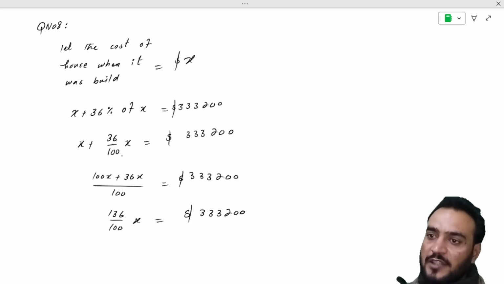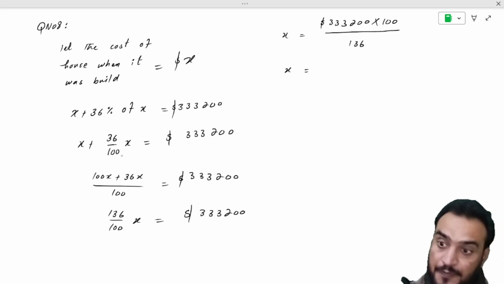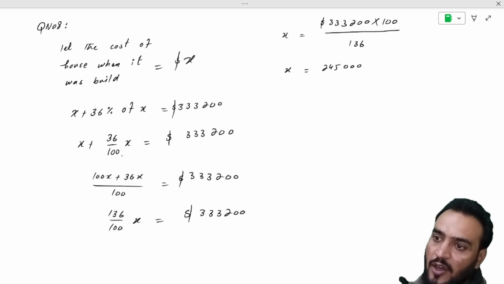So the value of x will be 333,200 times 100 divided by 136. Dividing and simplifying, we get the value of x, that is $245,000, which was the original price of the house.